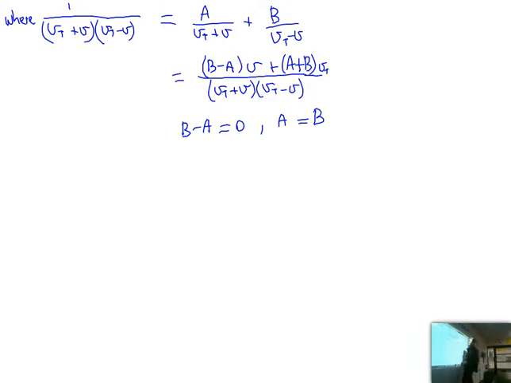All right. And then also, let's equate the constant with the 1. So a plus b times terminal velocity has to be the same as what number? Constant number 1. Okay? Now to simplify that, we know that a is equal to b.